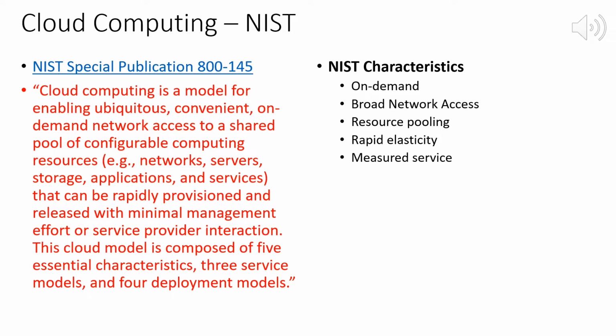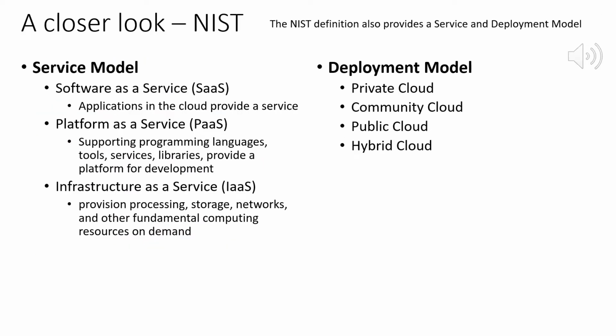The NIST characteristics include on-demand computing, broad network access, resource pooling, rapid elasticity, and measured services. In addition, the NIST definition also includes a service model in which we have services such as software as a service, which refers to applications that are in the cloud provided as a service.